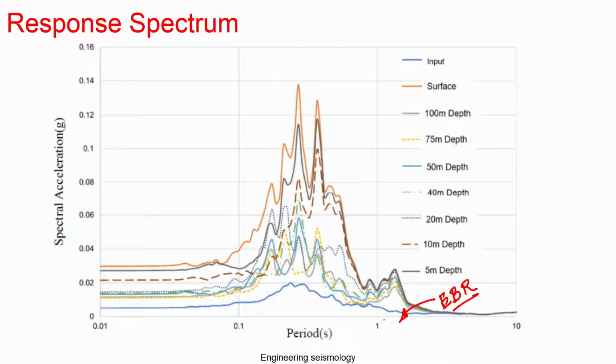When it passes through different material, starting from 100 meter, then 75 meter, 50 meter, 40 meter, 20 meter, 10 meter and 5 meter. You can see that the red one is basically the surface. This is the time history we discussed on the previous slide, from different earthquakes.